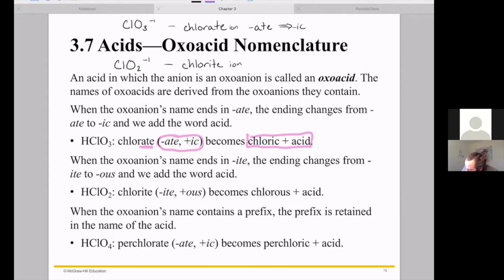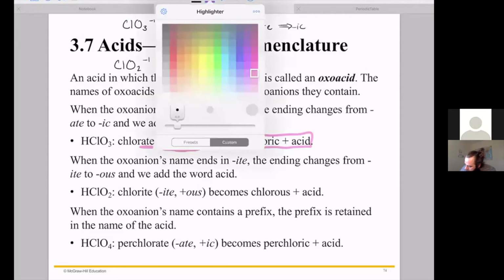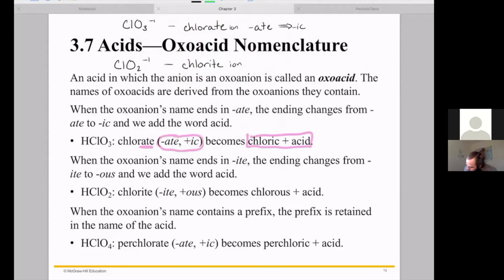In the same way that we have our ates going to ics, we have ites going to ous. So this is ite to ous. This would be chlorous acid.